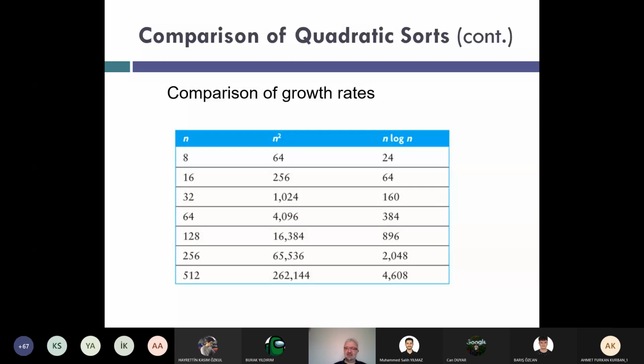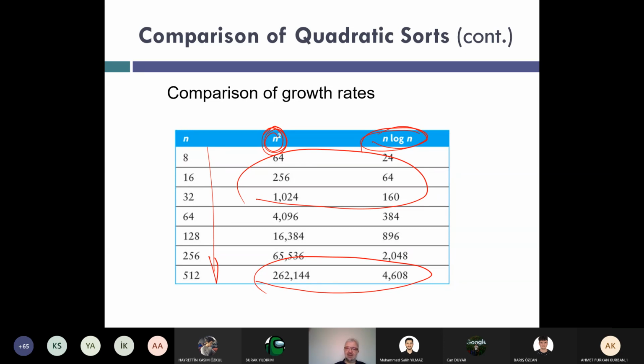When you look at these quadratic running times, while n increases compared to n log n values, n squared grows a lot faster than n log n. For small values, the difference is tolerable, but for large values, n squared is a lot larger than n log n.